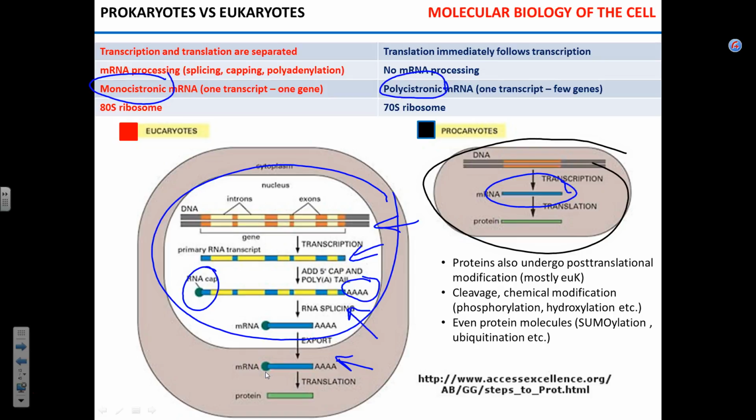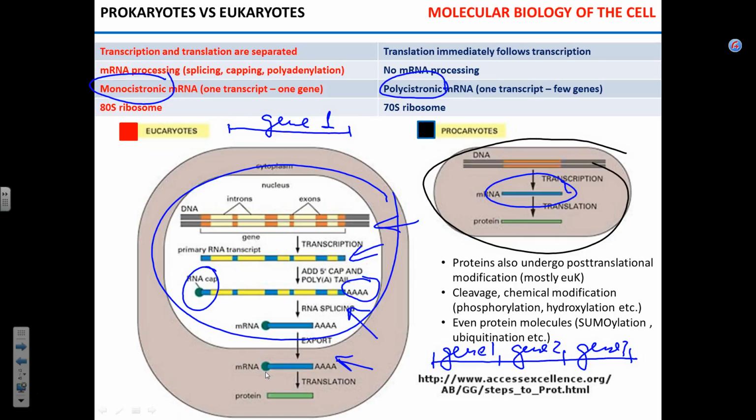Does that make sense? So your mRNA molecule may look like this, where this is gene 1, gene 2, gene 3. And then this whole molecule will be translated, but separate polypeptides are going to be made during translation. In eukaryotes, the mRNA will always contain one gene.